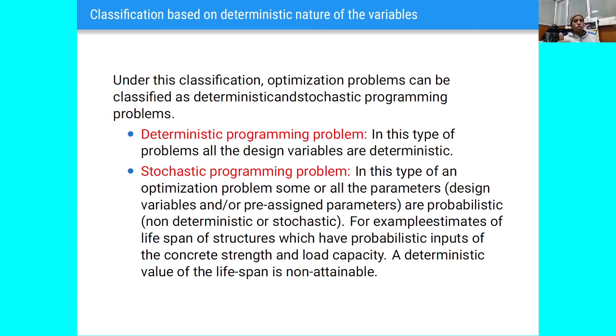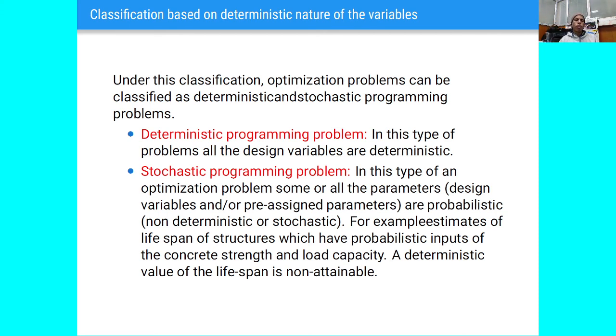But there may be cases where we are not able to determine the values of design variables, where we have probability, or the nature of the design variable is probabilistic, that is non-deterministic in nature.